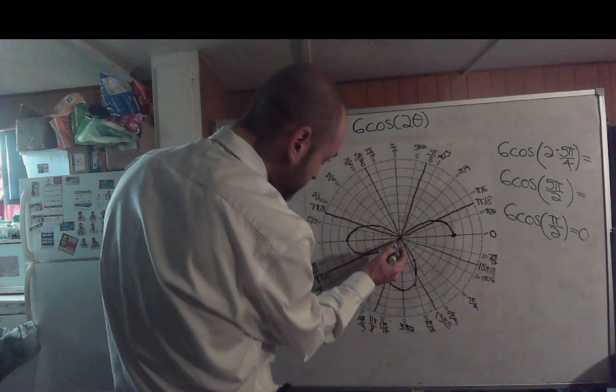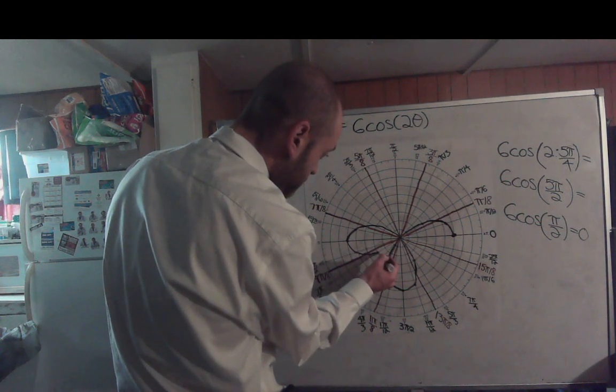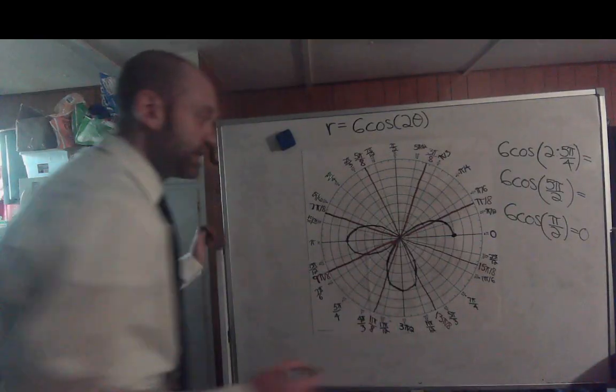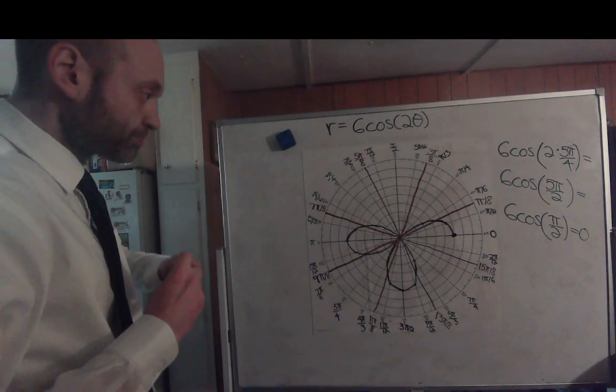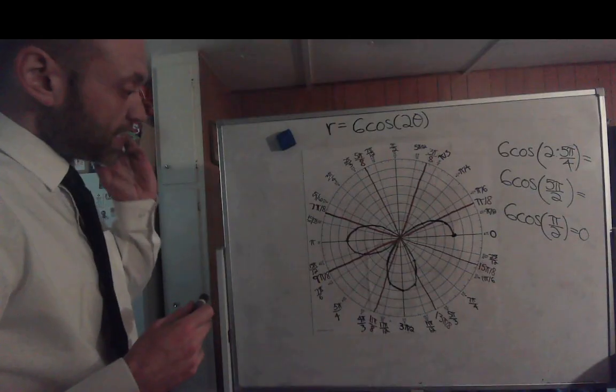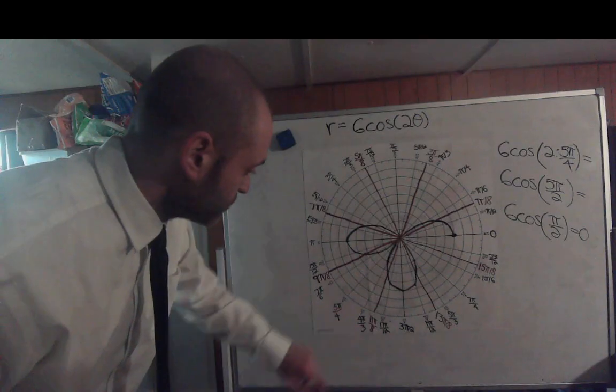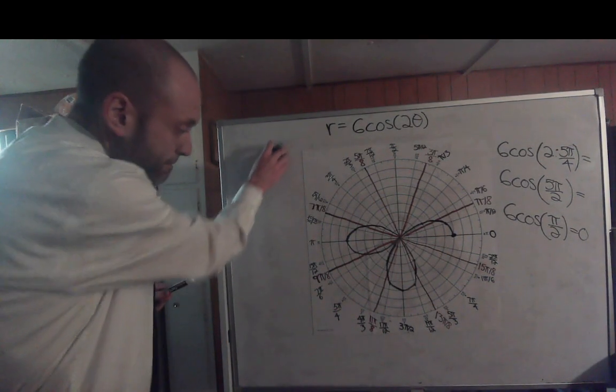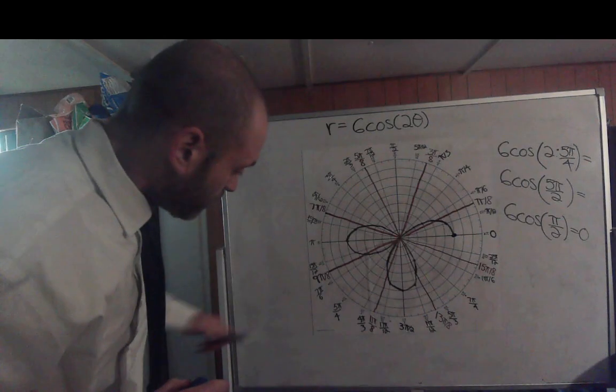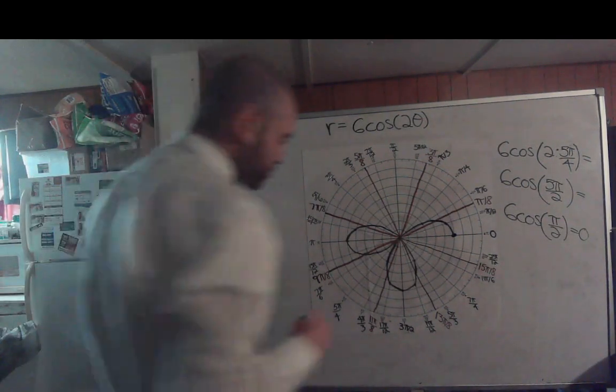So 5 pi over 4 will be at 0. So we've just completed another loop. Now, let's go on ahead and deal with 4 pi over 3, being the next special angle.